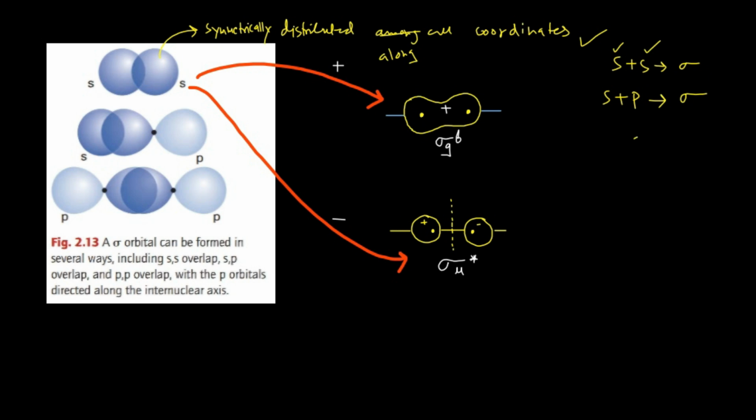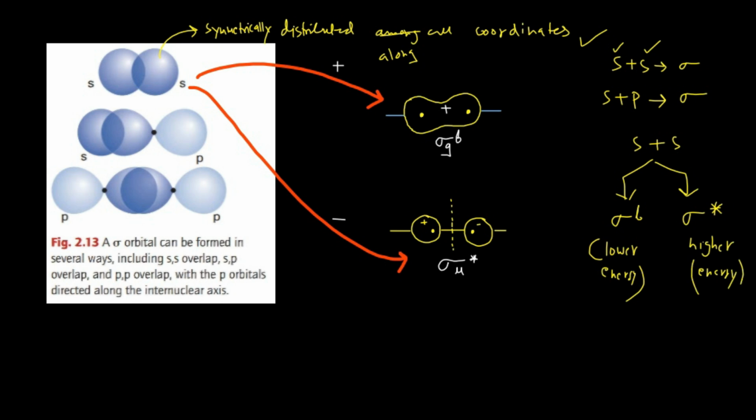Now suppose you are combining two s orbitals. Definitely one will be your bonding sigma, which I will write as sigma b, and another would be sigma anti-bonding, which I will write as sigma star. Of course, bonding will have lower energy and anti-bonding will have higher energy, as I have explained in the theory.